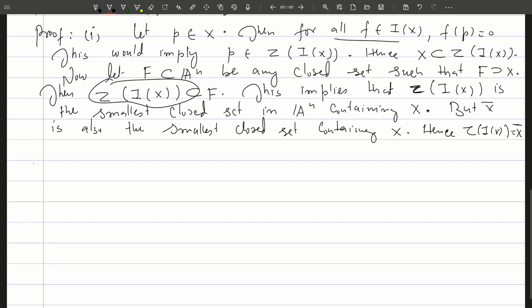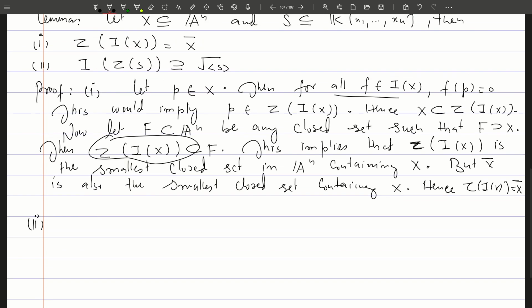Now to prove the second item, we have to prove the ideal of this zero set contains the radical of the ideal of S. So let F be in the radical of the ideal generated by S. So this would imply that some power of F is in the ideal.